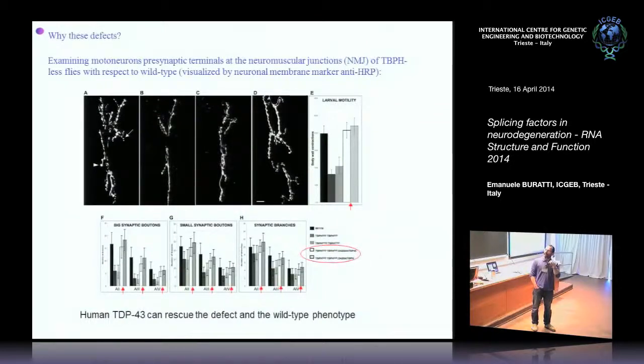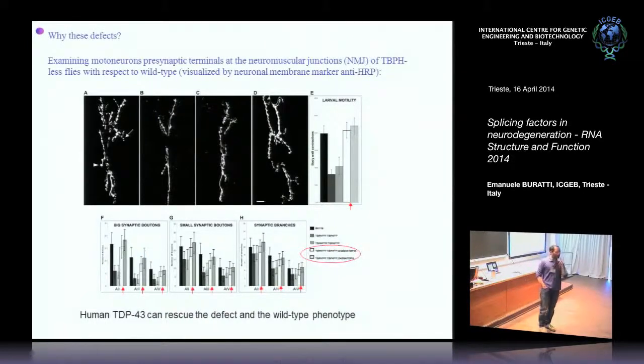This is a typical neuromuscular junction of the wild-type fly. When you take away TDP-43, you can see that there are a lot fewer junctions and boutons with respect to the wild type.